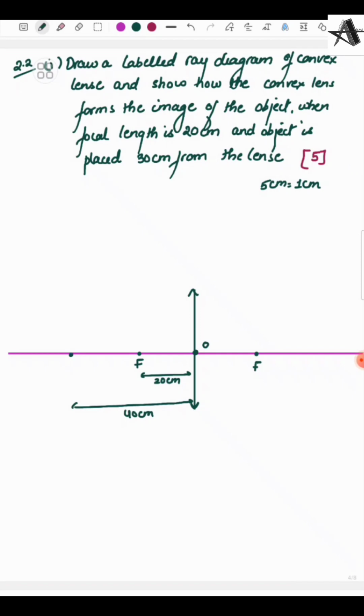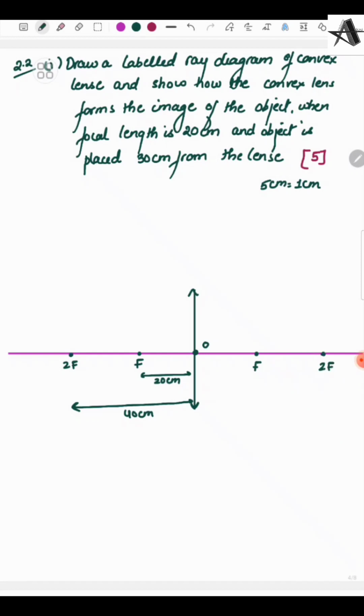Scaling is different from the actual length. Scaling we have taken 5 centimeters equals 1 centimeter. So 20 centimeters can be represented with 4 centimeters and 2f would be 8 centimeters. But here labeling will be for the real values. This is 2f, and similarly on this side also I will write 2f.